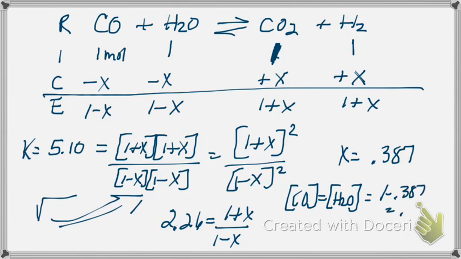And it's in molar, in a 1 liter flask, so that makes things much better. Instead of writing them out individually, you are allowed to do it this way, because they're the same as each other, since we started with 1 mole of everything. So that's 1 plus X, so it's 1.387 molar. Okay?